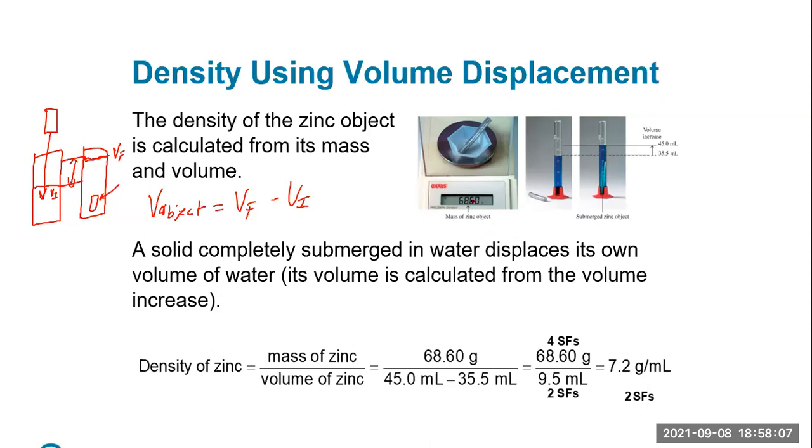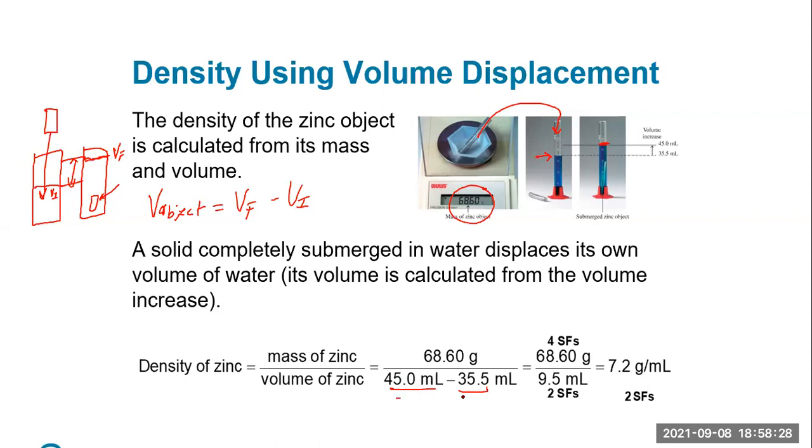So for example, here they took a piece of zinc that had a mass of 6.860. They weighed it. They took an initial volume reading of their graduated cylinder, which was 35.5 milliliters. They took the zinc and dumped it in. The volume went up to 45 milliliters.